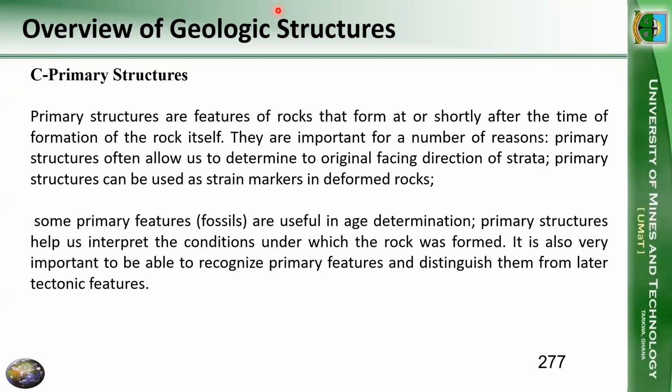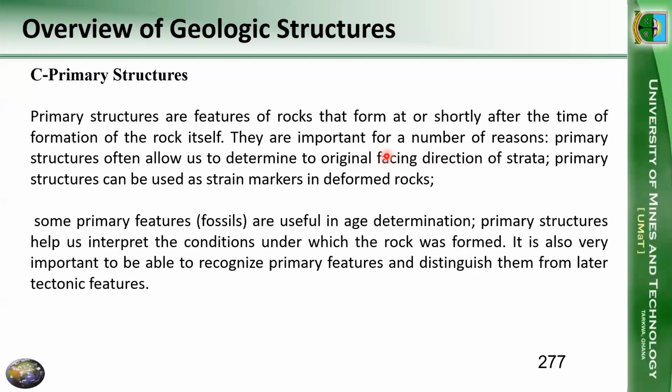Now we can talk about primary structures. So what are primary structures? We said they are structures that form at or shortly after the time of formation of the actual rock.